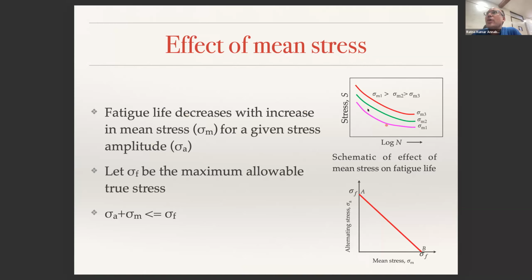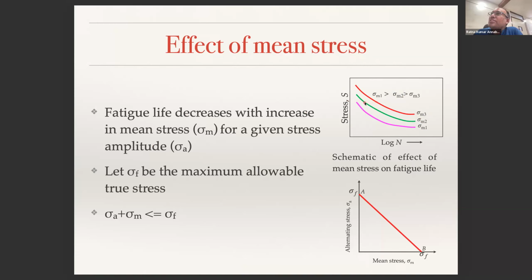Suppose this red curve, with sigma m3 equal to 0, is your SN curve. As you increase the mean stress to some finite value, sigma m2, the curve shifts. For the same stress amplitude, with a mean stress the life will be much less compared to without mean stress.